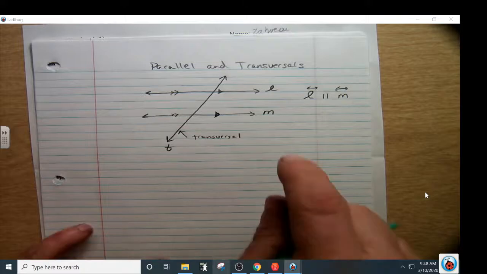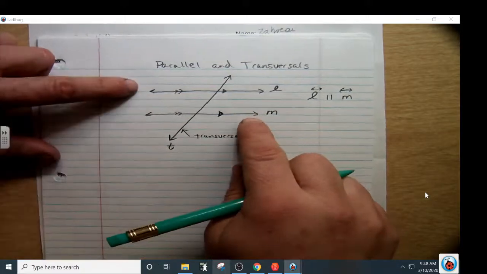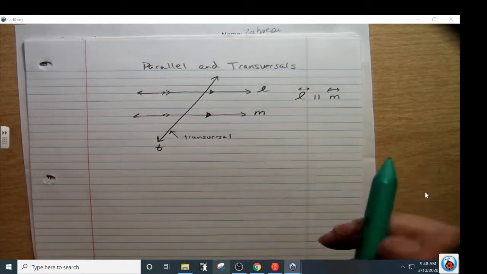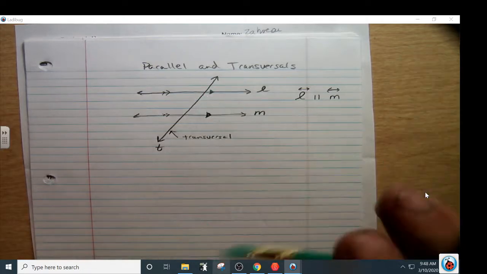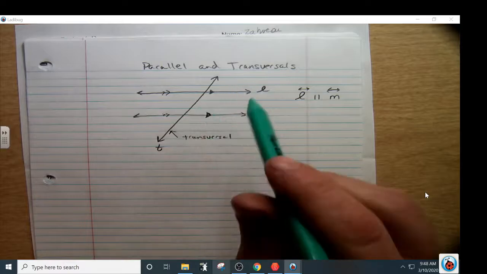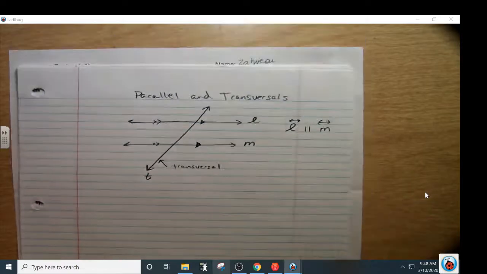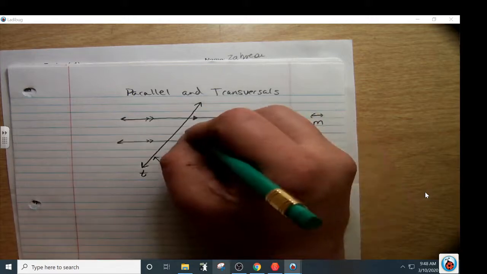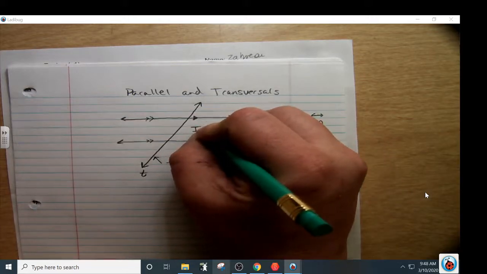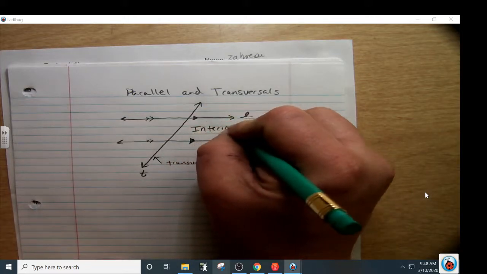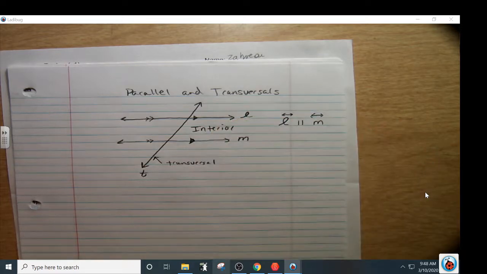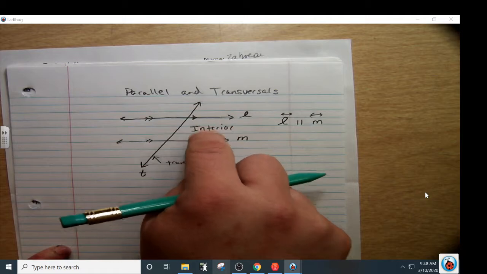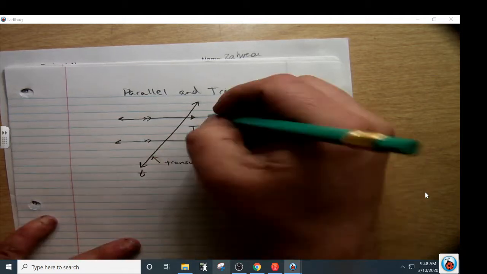Now, if two parallel lines are cut by a transversal, there are angle relationships that are made when that happens. Let's talk about some relationships. First of all, if an angle is between the two parallel lines, inside the two parallel lines, that's an interior angle.